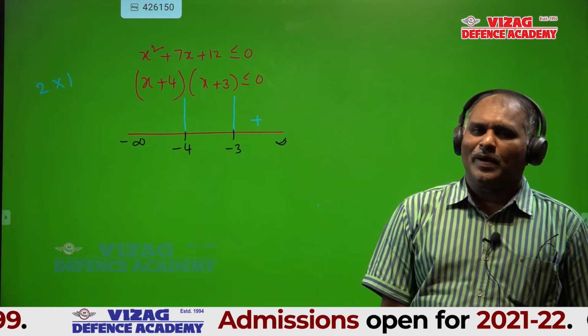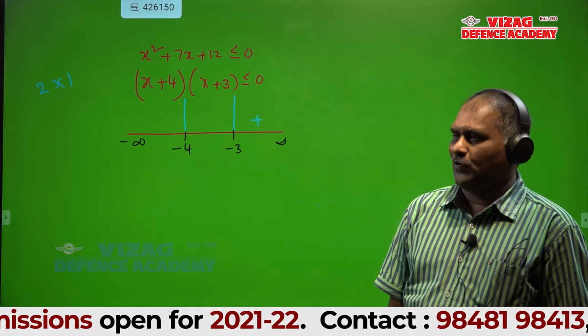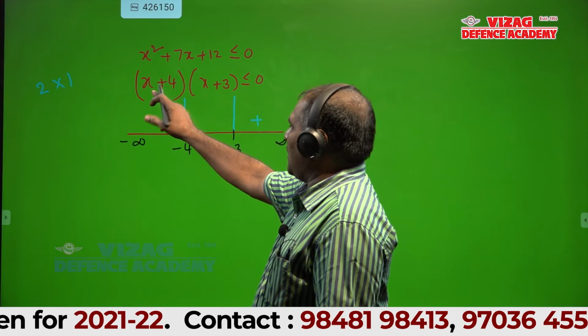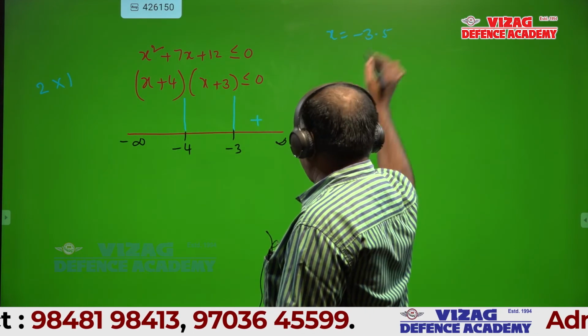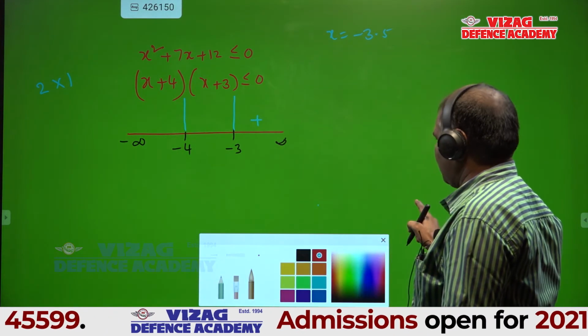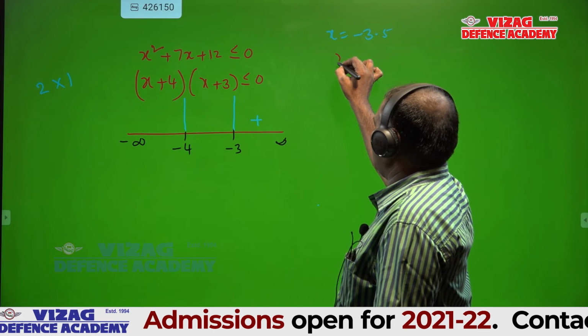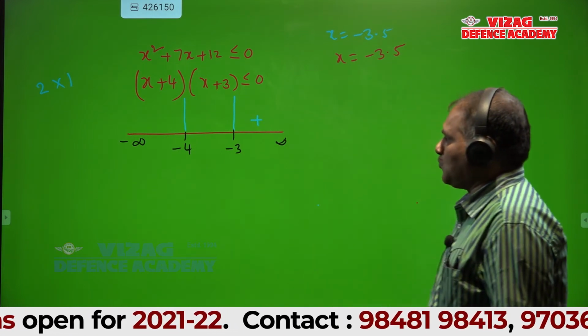Minus 4 to minus 3, in between, take x equal to minus 3.5. Sir, change the color, it is not visible. I can change that color. x is equal to minus 3.5, substitution.